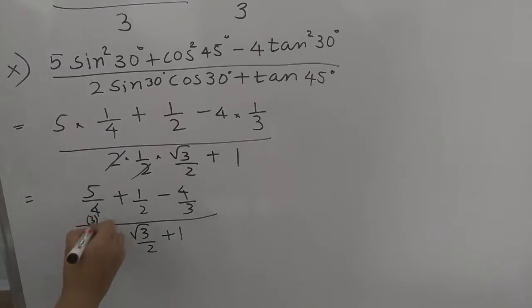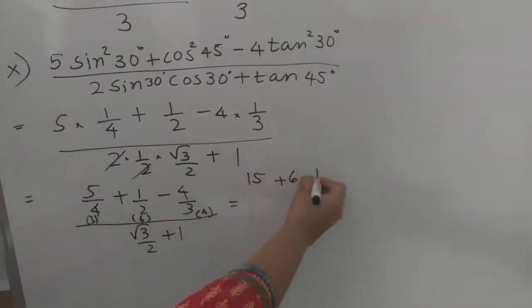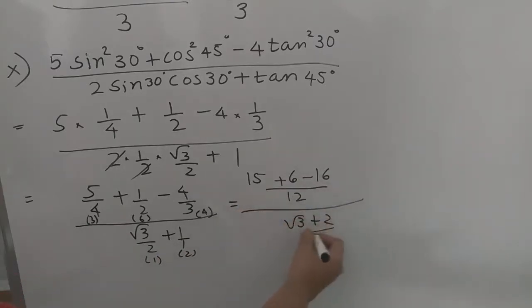So 4 3s are 12, 6 2s are 12 and 3 4s are 12. So accordingly 5 3s are 15 plus 6 minus 4 4s are 16, by 12. And in the denominator we can also take LCM as 2, so it is root 3 plus 2 by 2, like this.